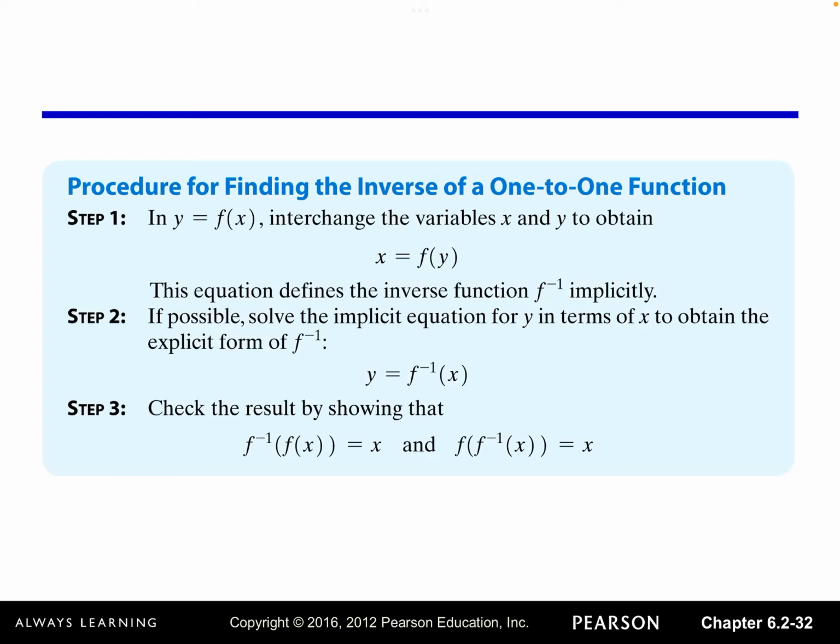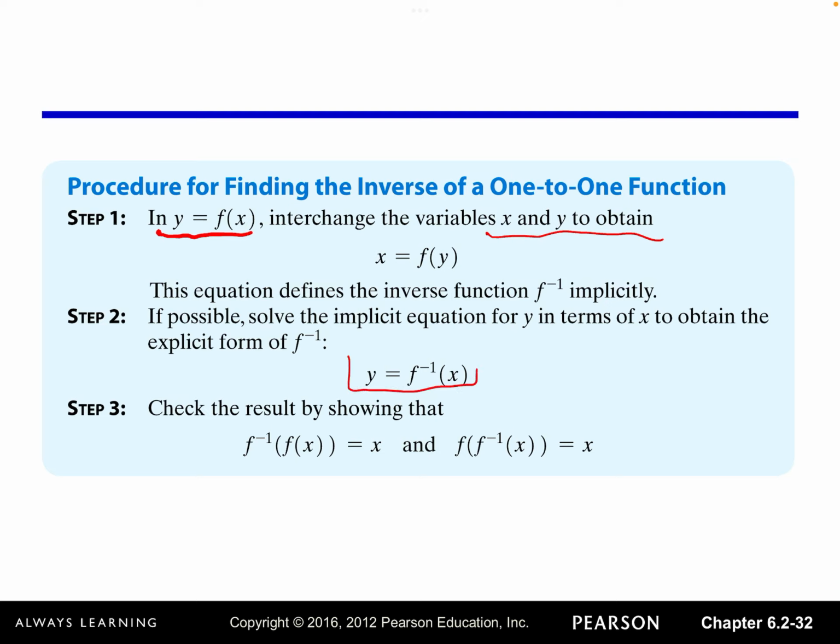inverse. Three general steps. First step, when we write y equals f of x, we interchange the variable x and the variable y. Interchange x and y, that's the first step. Second step, we solve for y in terms of x.